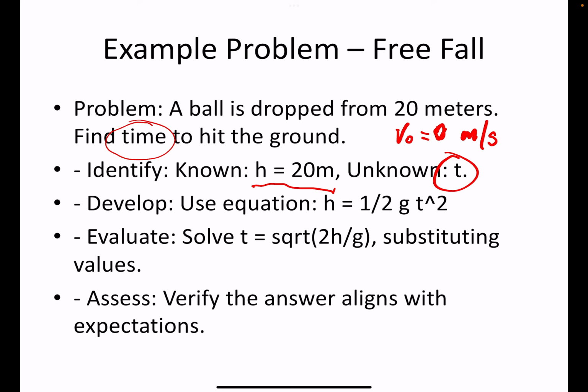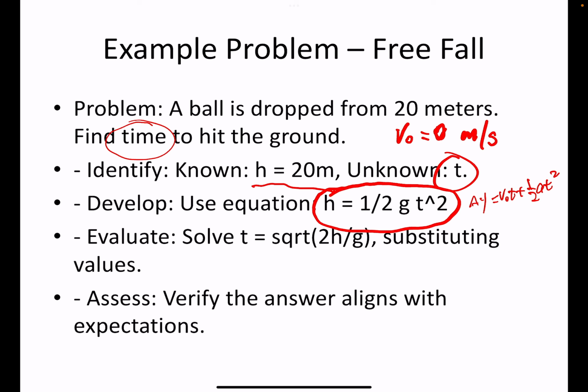And then we need to develop an equation. We need a kinematic equation that relates displacement, initial velocity, acceleration, and time. The best choice is displacement equals initial velocity times time plus 1/2 a t squared, which in our situation, because initial velocity is 0, becomes drop height equals 1/2 g t squared.